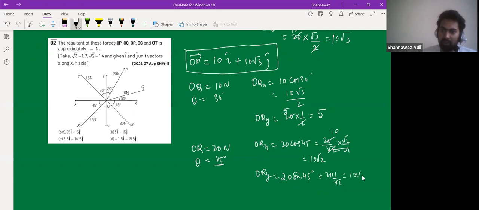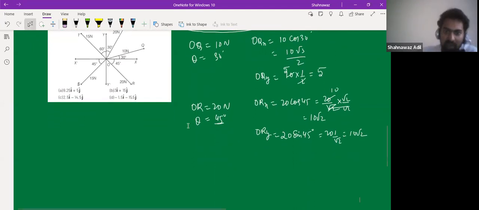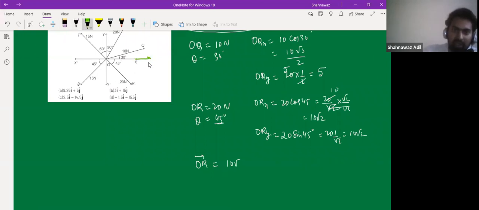Again 10 root 2. Understood? But the trick is that the vector OR will be what? So this is 10 root 2, this is in the x direction, i.